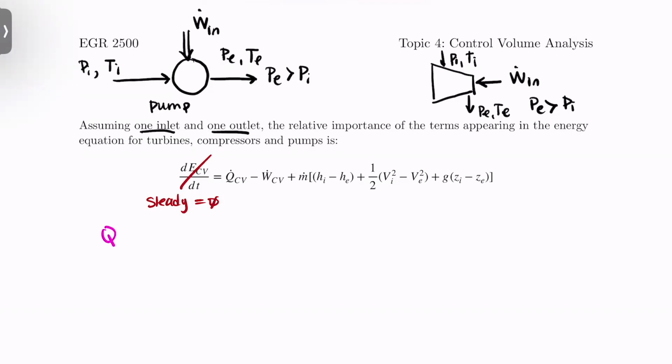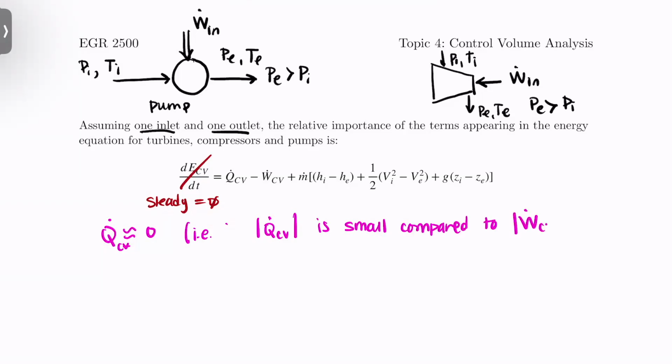The next assumption that we'll typically make is that the heat transfer term is approximately 0. So we can say this if Q dot CV is small, or we're saying that Q dot CV is assumed to be small compared to W dot CV.